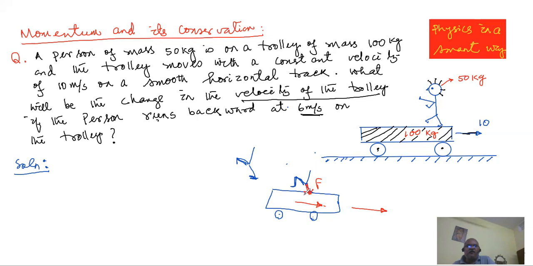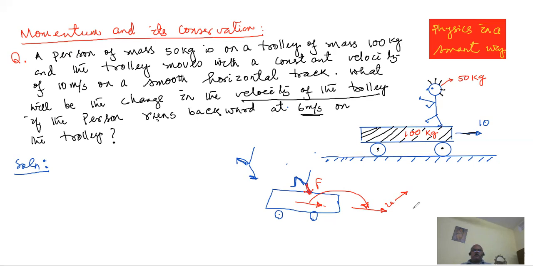It is a very difficult force if somebody is speaking mathematically. But whatever it is, the force that he applies on the trolley has a horizontal component towards the right, and that horizontal component causes acceleration and changes the velocity of the trolley in a positive way. That means the velocity of the trolley will be increasing. I think we are convinced now.